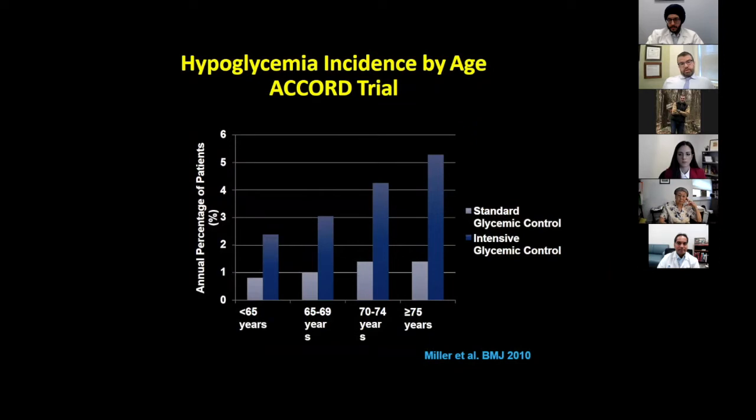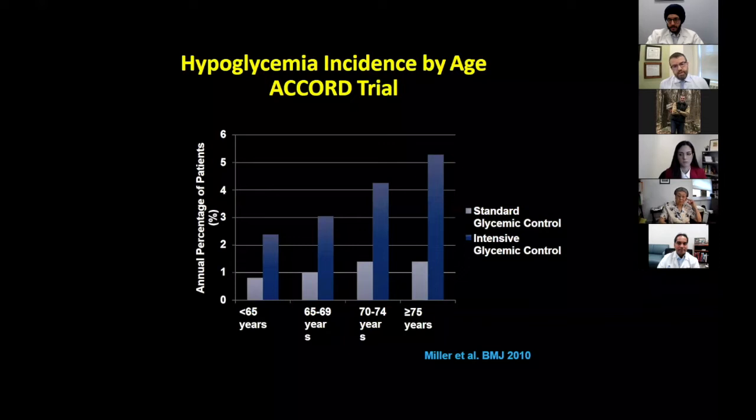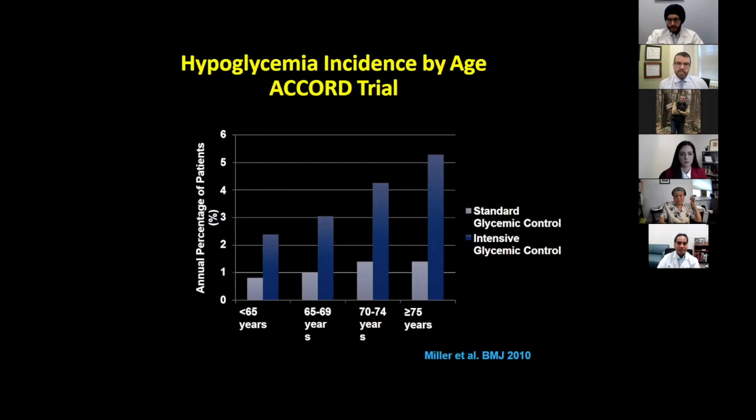So looking at the elderly population with hypoglycemia, we know that, as I say, they are going to be at a much higher risk. And the ACCORD trial, it's a few years ago now, but some may recall that one of the goals in this trial was to target an A1C of 6%, and the trial was stopped early due to an excess mortality rate.